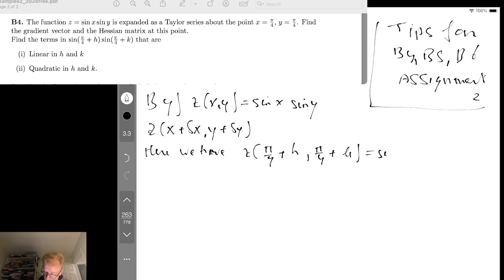So that gives us this when we substitute sin of pi over 4 plus k. So then we have the first term.